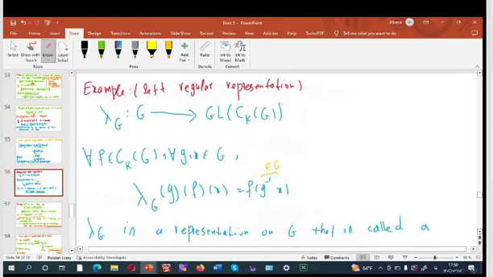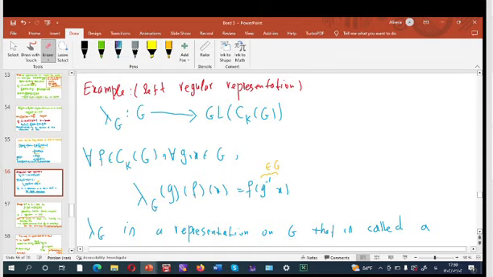we see the left regular representation on group G, lambda G from G to GL of E, by this function rule: lambda G of f of x equals f of the inverse of G multiplied by x.